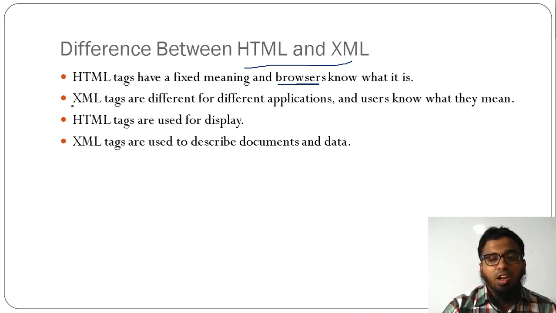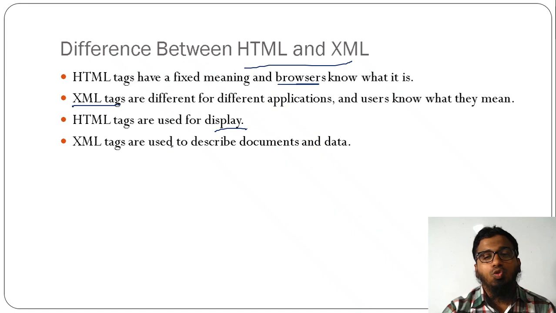So whenever you are creating a user defined tag, the user must know what it is. So only the user knows what they mean. Okay, in HTML, the browser knows what to do. HTML tags are used for display. Whenever you use an HTML tag, it is used for displaying on the web page. XML is used to describe documents and data.